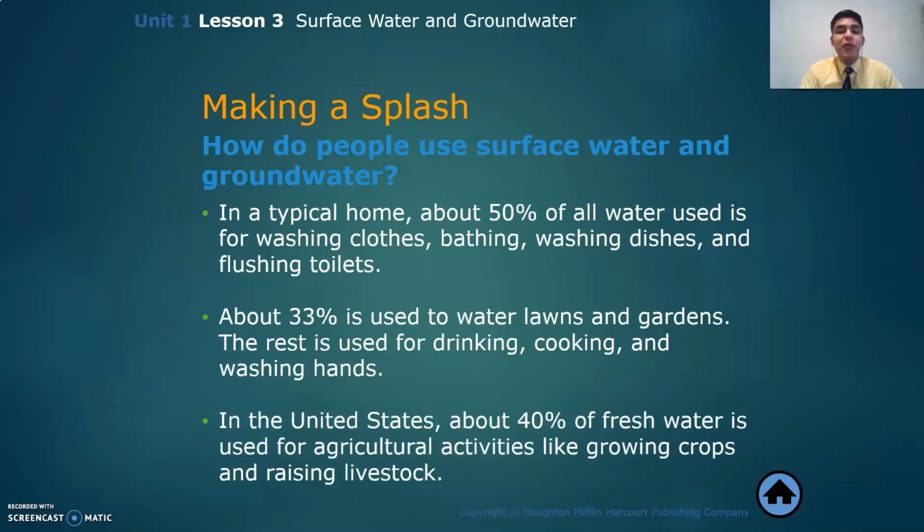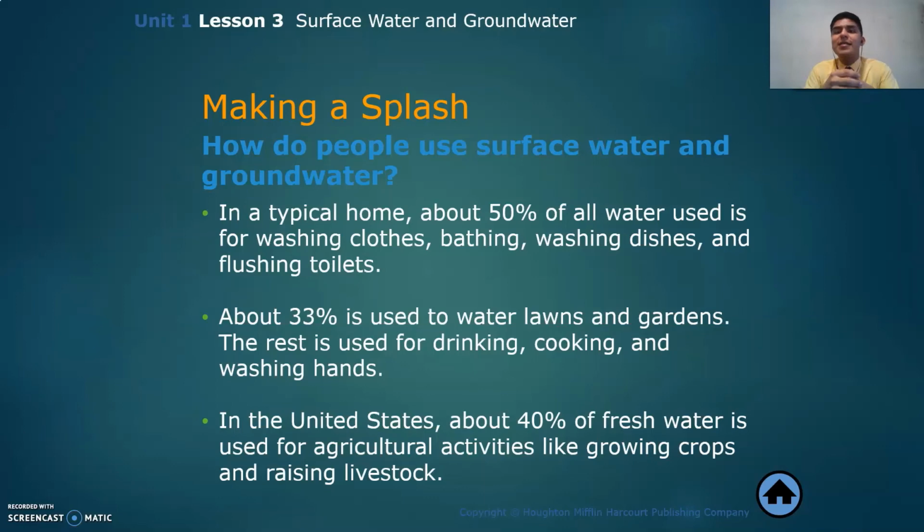In the United States, about 40% of fresh water is used for agricultural activities, like growing crops and raising livestock. That's also important to consider. I was reading an article where they mentioned that the amount of water that we use is not really for daily and common uses, like taking a shower, bathing, or using the bathroom, but actually it is used to irrigate or to water different plants.